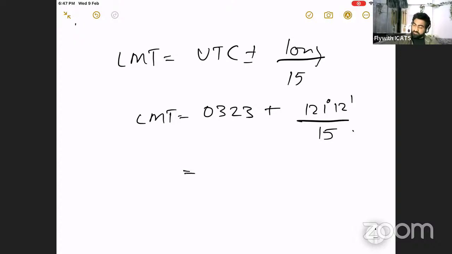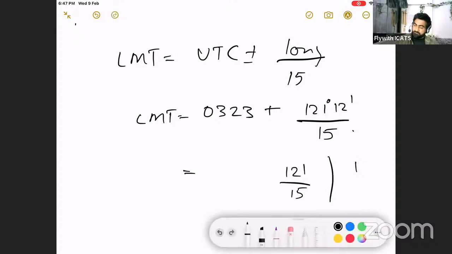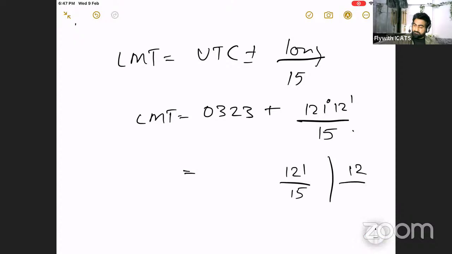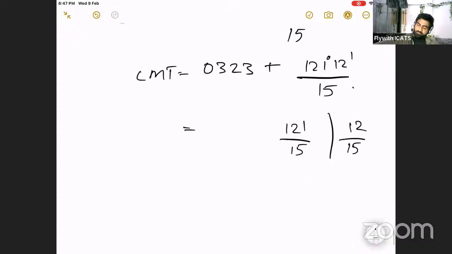I'm going to divide it into two equations. It gives me 8.06. So I have 8 hours, and 0.06 into 60 gives me 3 minutes 36 seconds.